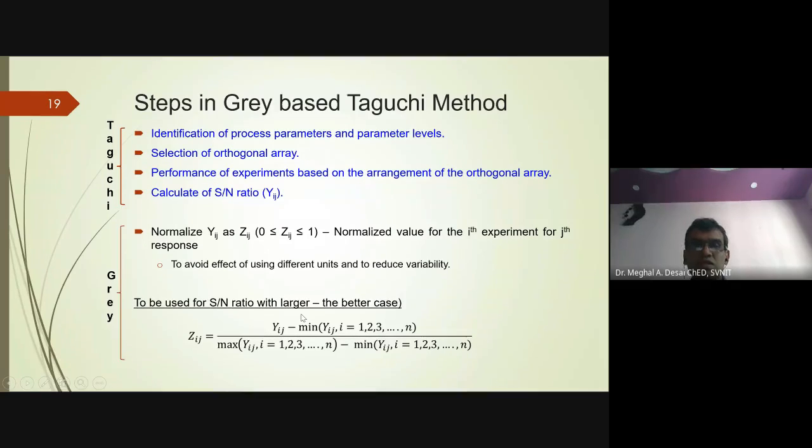For signal to noise ratio larger the better, it is your current signal to noise ratio minus the minimum signal to noise ratio, divided by the difference of signal to noise ratio between the maximum and the minimum value. This denominator will be the same for the smaller the better case also. So this is your normalized value for larger the better.